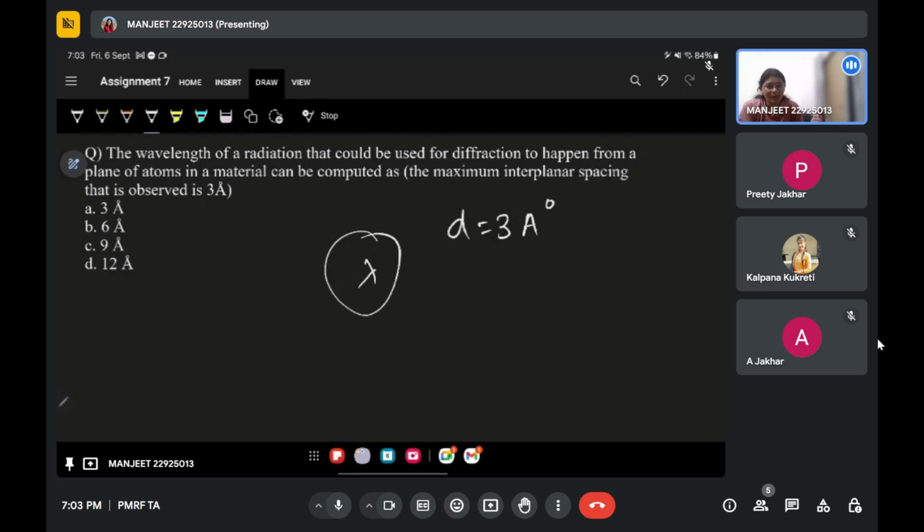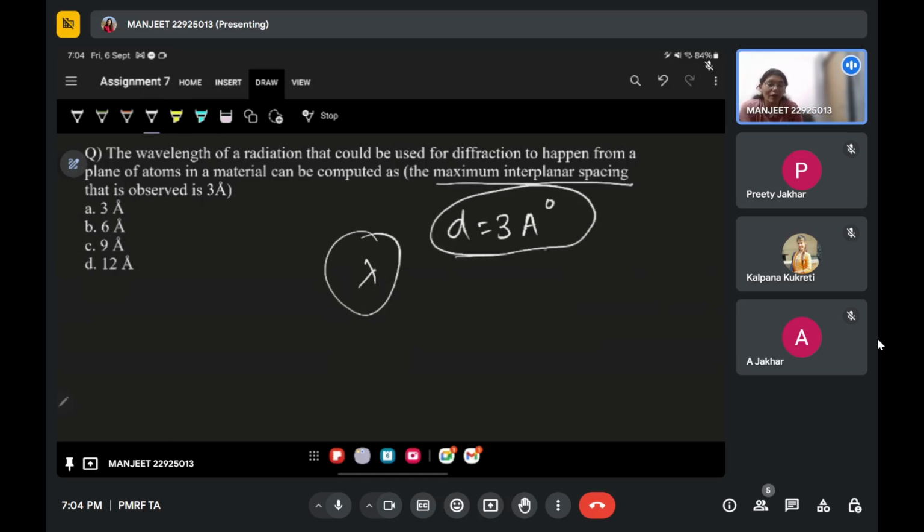The same idea applies here: any radiation having the same order as the crystal size, the distance between atoms, can be used to get the crystal structure of that material.